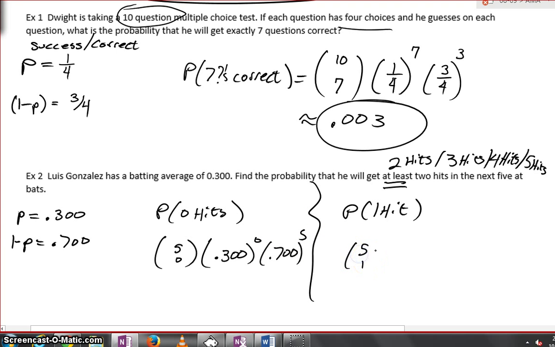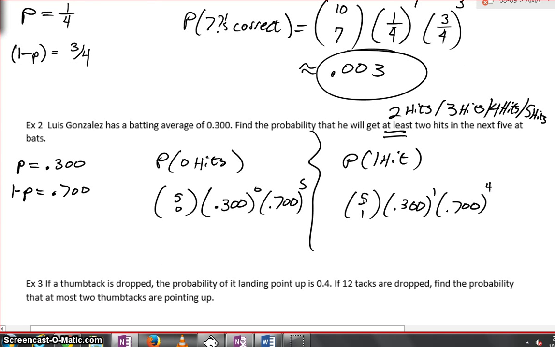Right here I'd get 5 choose 1 and take 0.300 to the 1. Go 0.700 to what power now? To the 4. And you know what we could do real quickly? We could even say, hey, how about we add those together, and then we'll say 1 minus the answer to work that out.